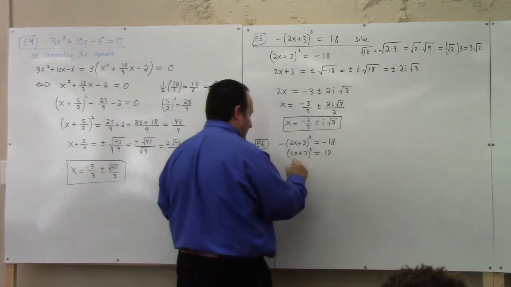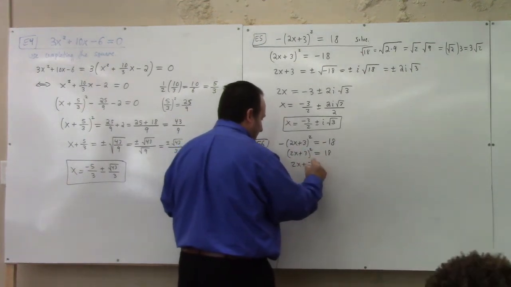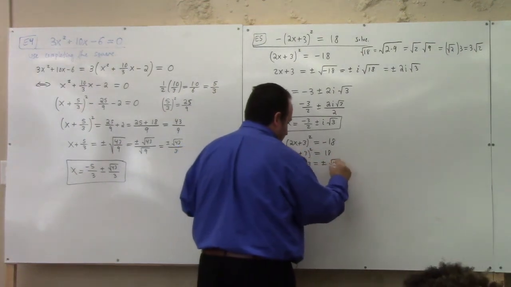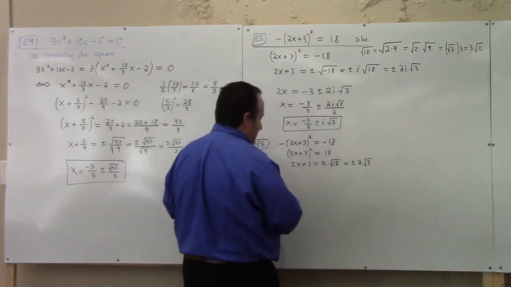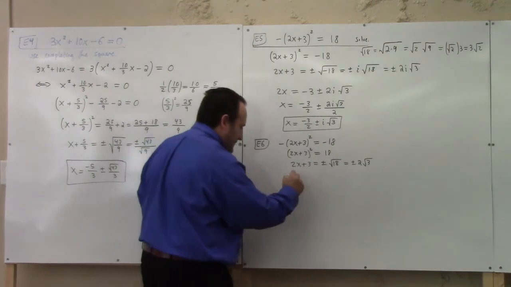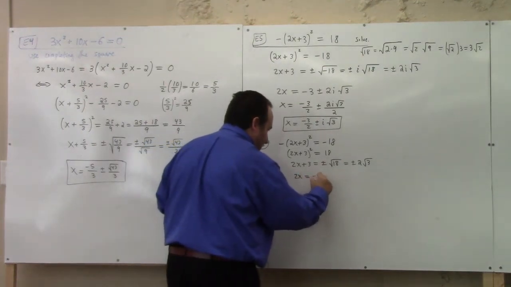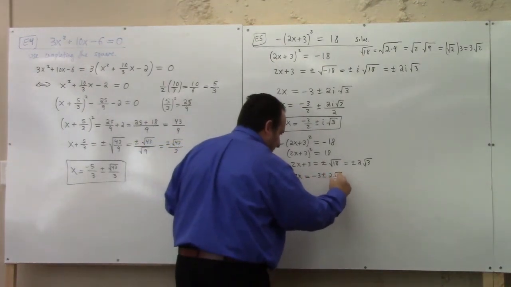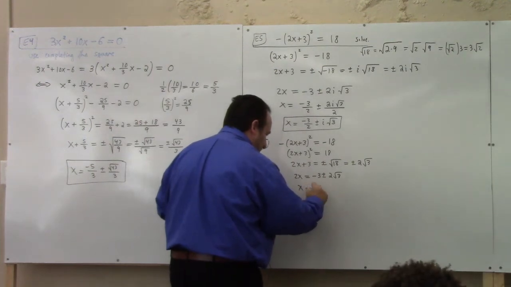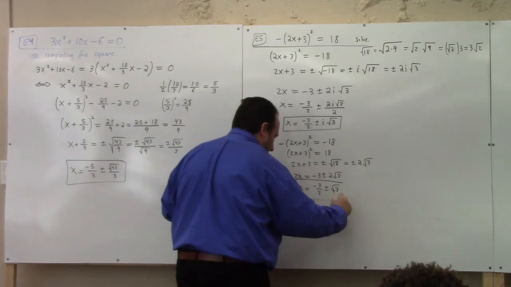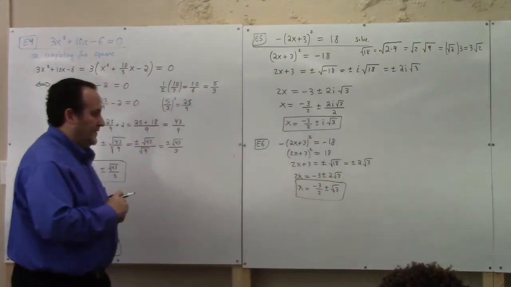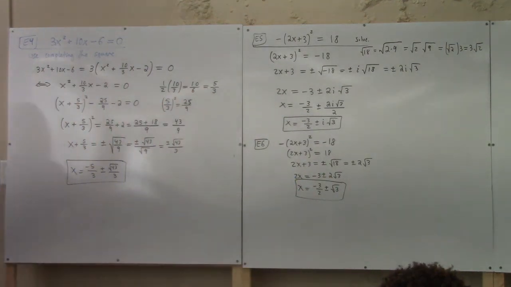Take a square root of both sides, we get plus or minus the square root of 18, which is, by the way, plus or minus 3 times the square root of 2. Then that gives you 2x equals minus 3 plus or minus 3 root 2. Then divide by 2, and we get this. So they don't have to be imaginary, these problems, is my point.